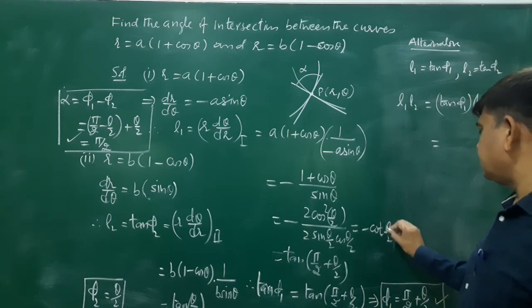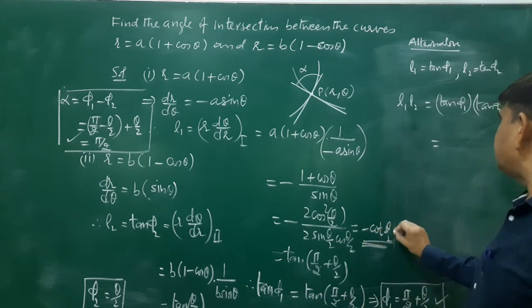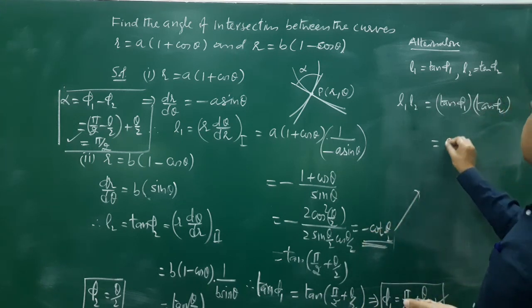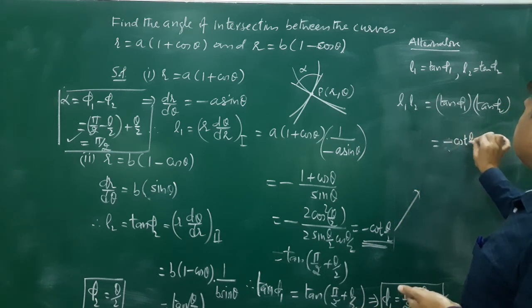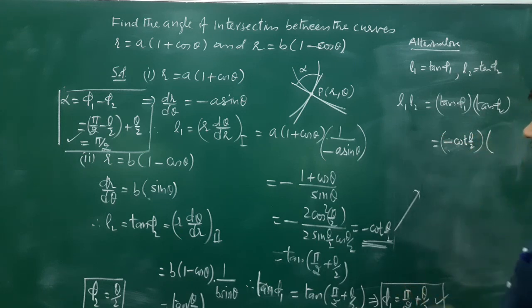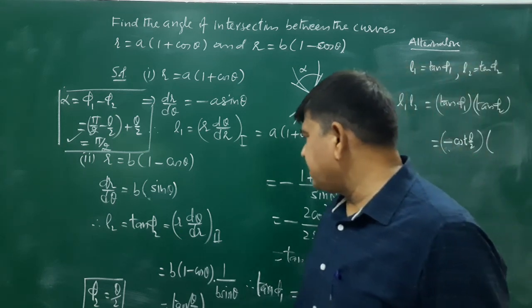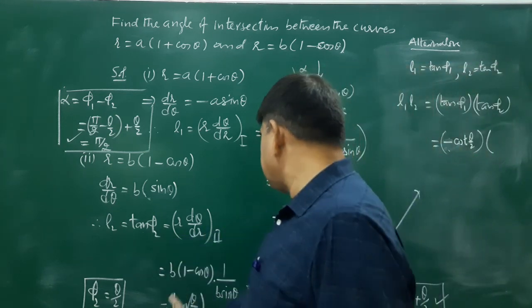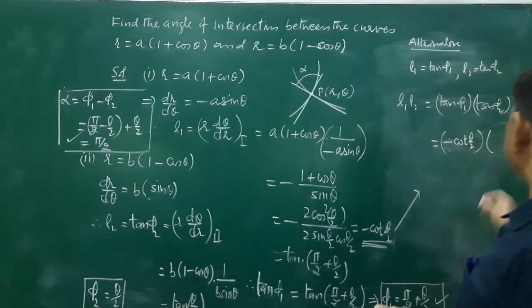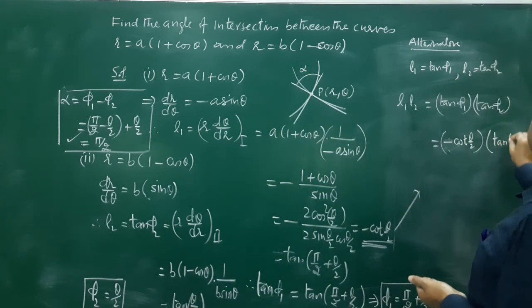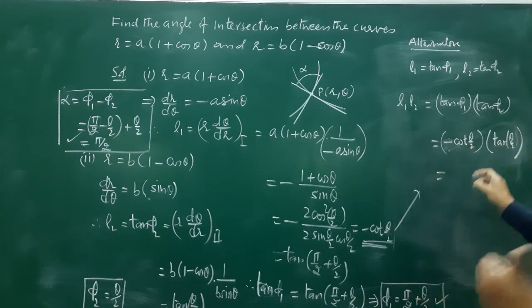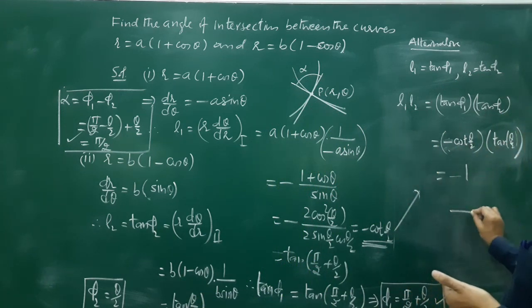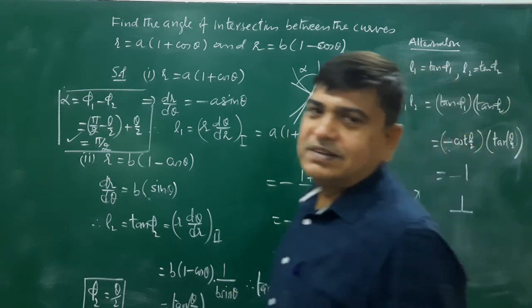Here it is. So this is minus cot theta by 2. And tan phi 2, here tan phi 2 you have as tan theta by 2. Cot into tan is 1, so the answer is minus 1. So perpendicular.